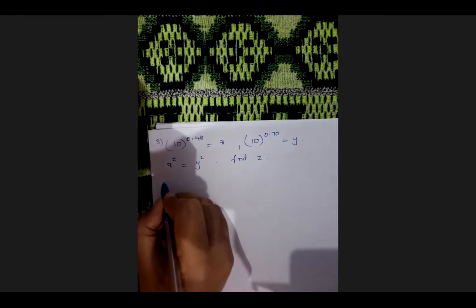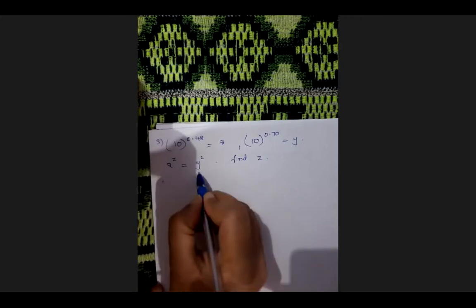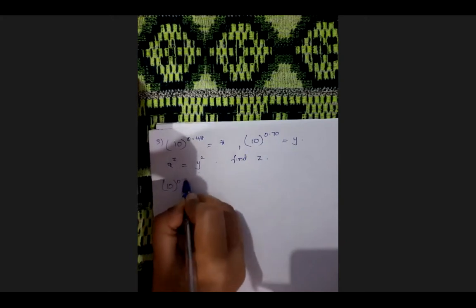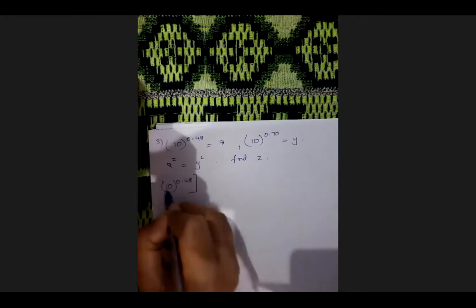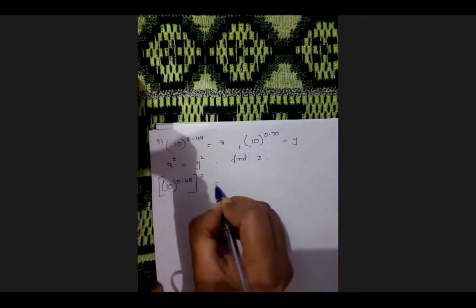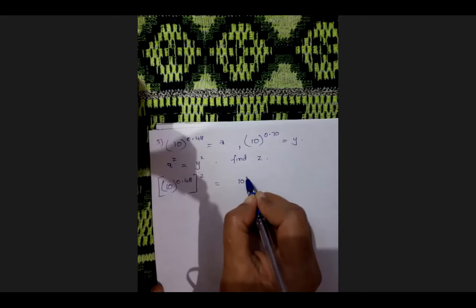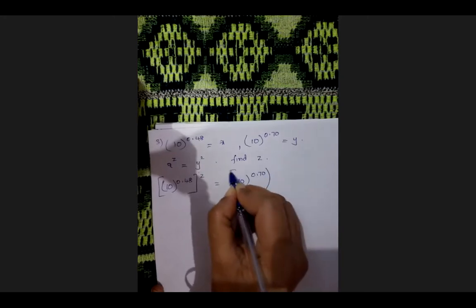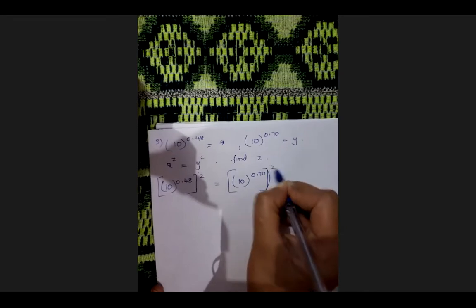Okay. X power z is equal to y square. That is equal to 10 power 0.48 to the power z is equal to y square, which is 10 power 0.70 to the power 2.